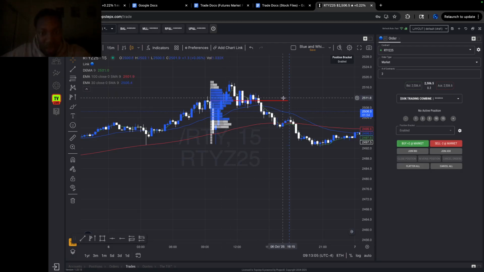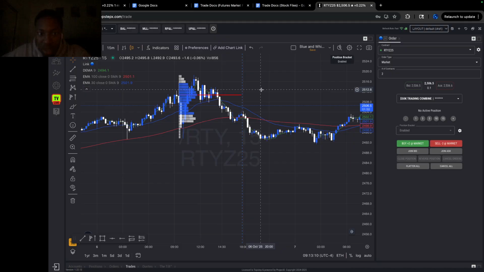And when you see this red line, that is the point of control. This is where price has traded the most. So most of the orders were accumulated here, meaning that most of your stops are probably going to be right over here, or most of the orders that are going to defend price are going to be right over here.